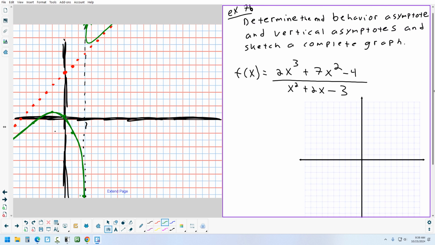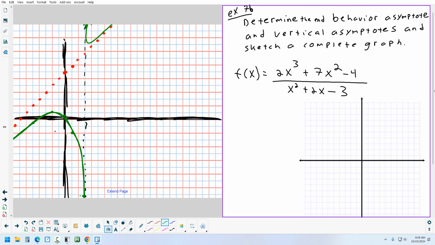All right, let's try to find another slant asymptote. Okay, let me grab another one from the book. Found one.